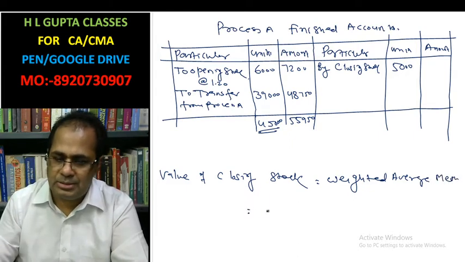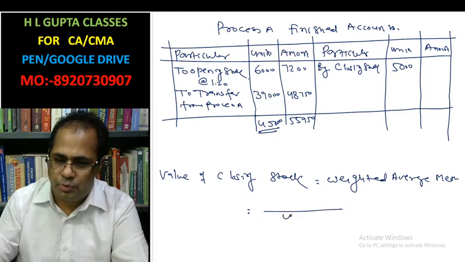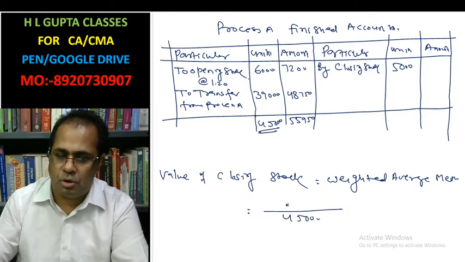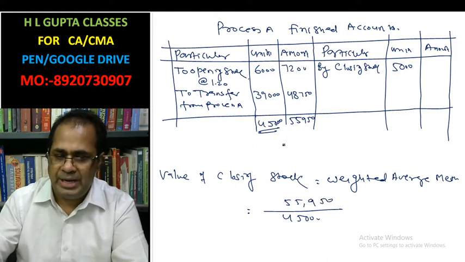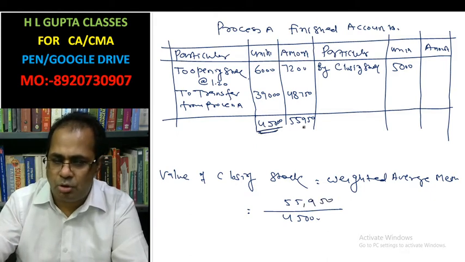Weighted average method means the weight of 45,000 unit cost is 55,950. This is for this unit the cost is this.